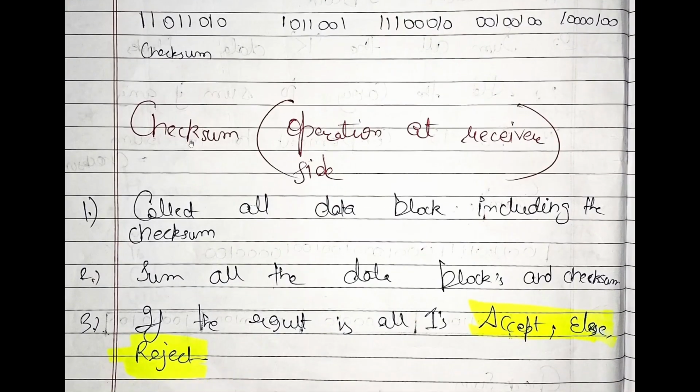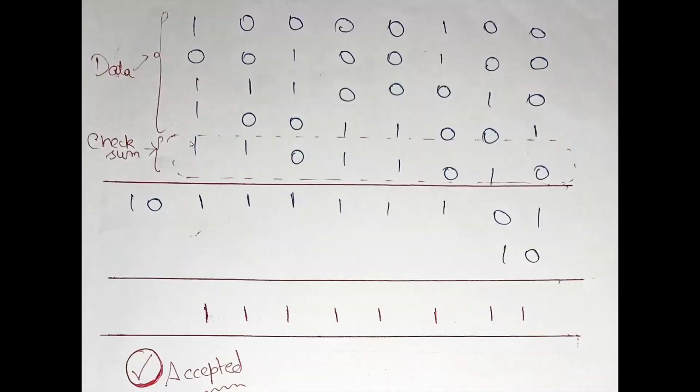Now how is the receiver going to check it? Let me first show you that with the help of an example. The receiver is going to collect all the blocks and place them like this. Then it is going to sum all that data with the checksum sent by the sender.